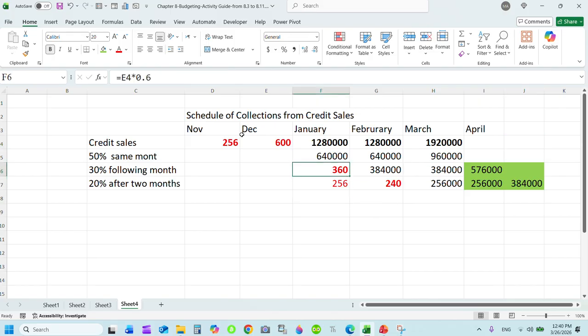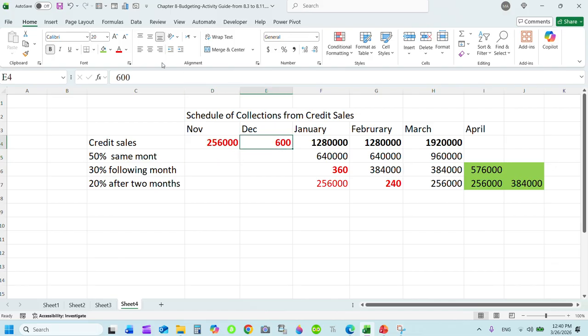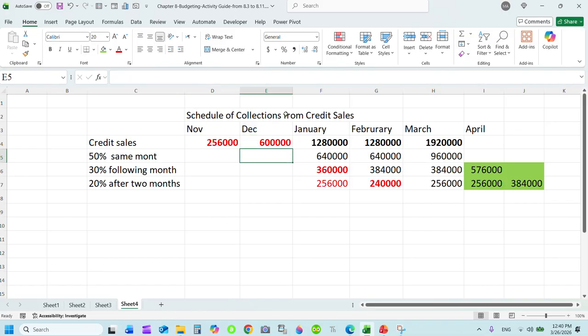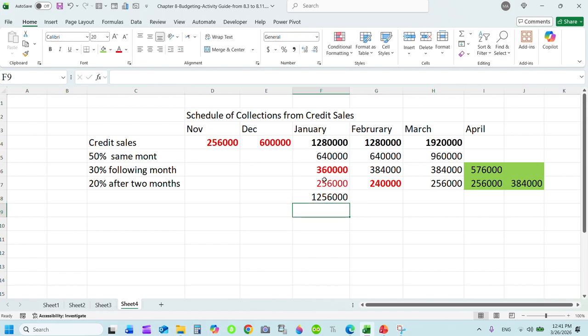Okay, I'll put two figures. Then cash collected from trade receivable is this much.